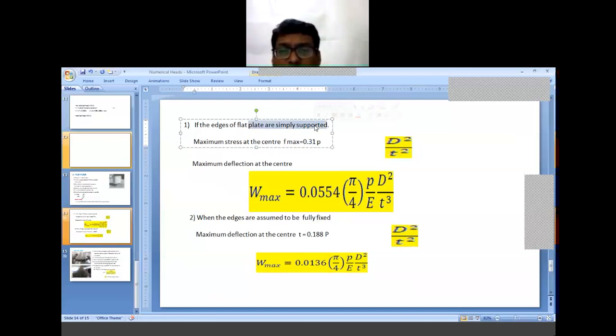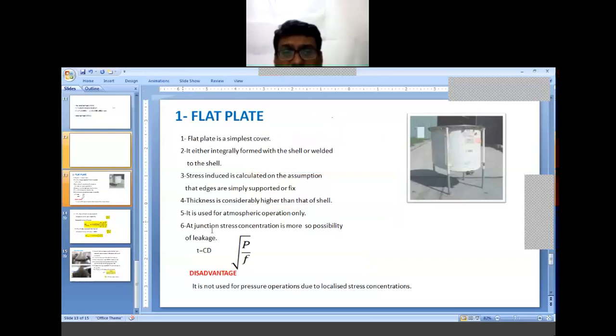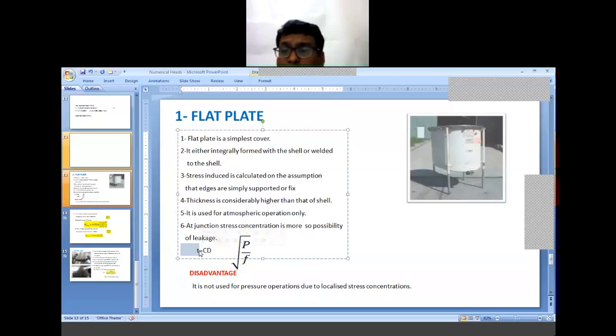That is the general case. So I can calculate the thickness, and this thickness value will always be higher than the torus spherical head values.